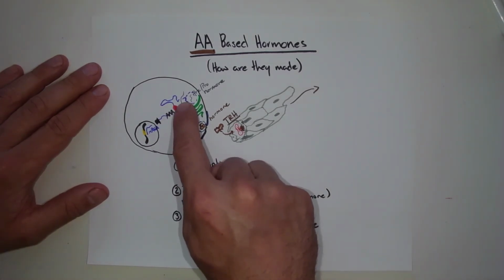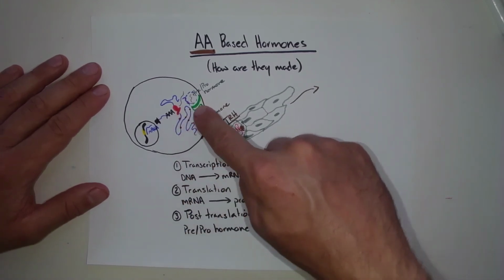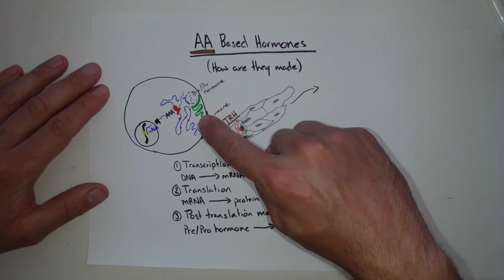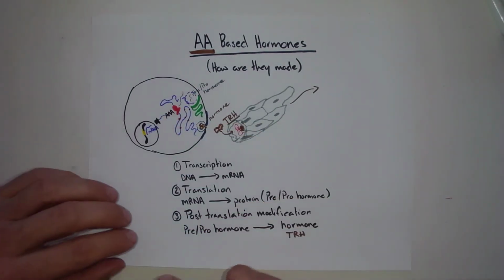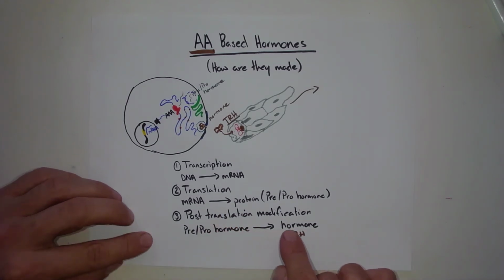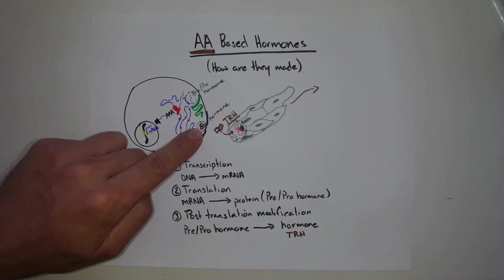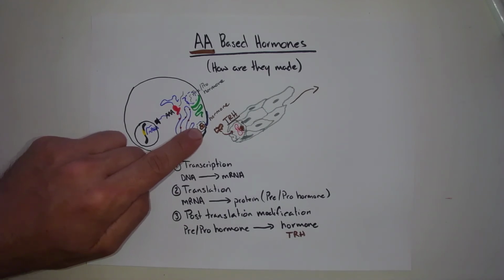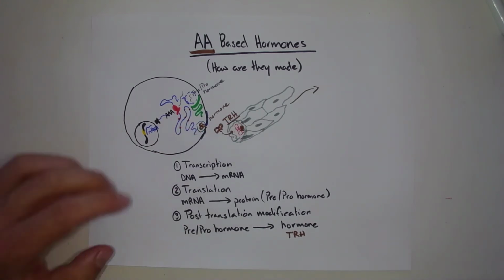Now, this pre-pro hormone gets packaged within that vesicle and undergoes post-translational modification. We snip an end here, we add a carbohydrate tag there, and we modify that pre-pro hormone into the finalized thyrotropin releasing hormone, or some people will say thyroid releasing hormone. The vesicle fuses with the plasma membrane and it gets released into the blood.